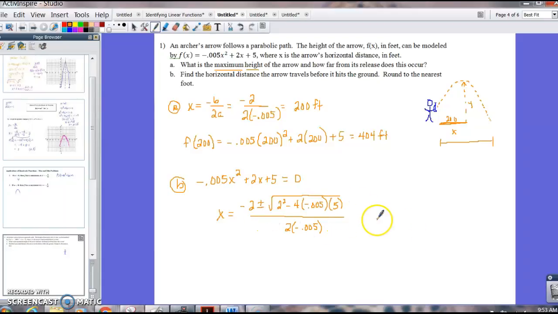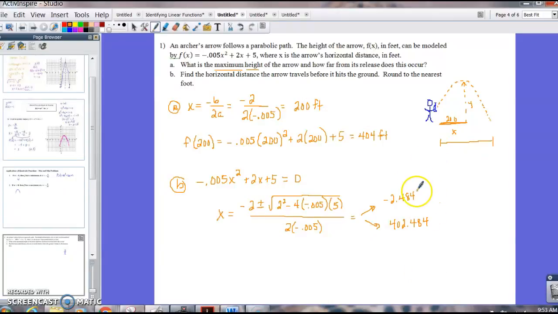And I'm not going to go through the whole calculation. But you end up with two different answers. The first answer comes out to be like negative, you get two values here. You get negative 2 point, I forget what it was, 2.48 something. And your other answer comes out to be 402.484, something like that.